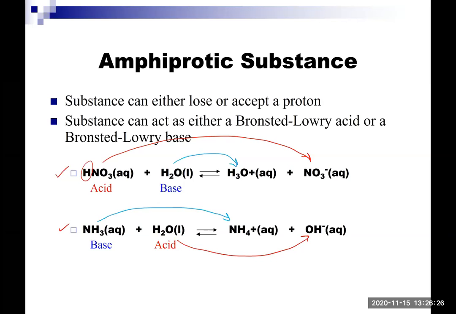Therefore, H2O donated a proton and is behaving like an acid. This is an illustration of an amphiprotic or an amphoteric substance. Now, water isn't the only amphiprotic or amphoteric substance, but all amphiprotic substances behave this way in that they can either accept or donate a proton.